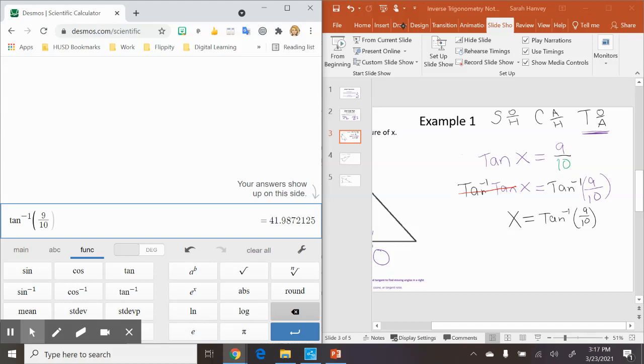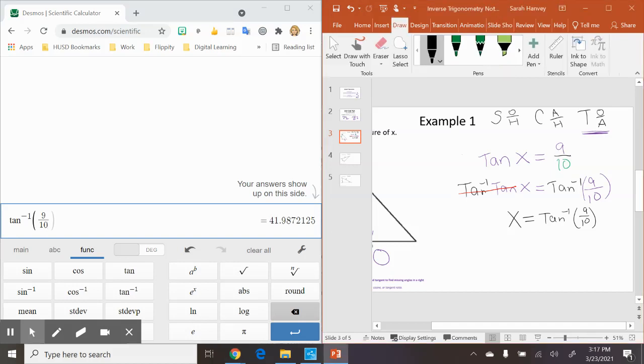So let me just go ahead and draw here. It says that it is going to be 41.98. I don't know why this is writing so slow.